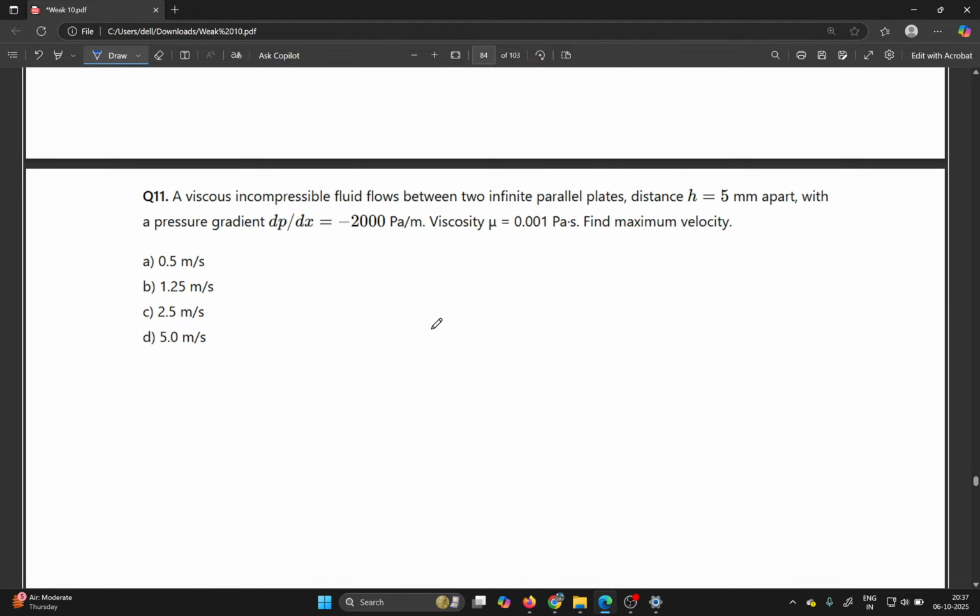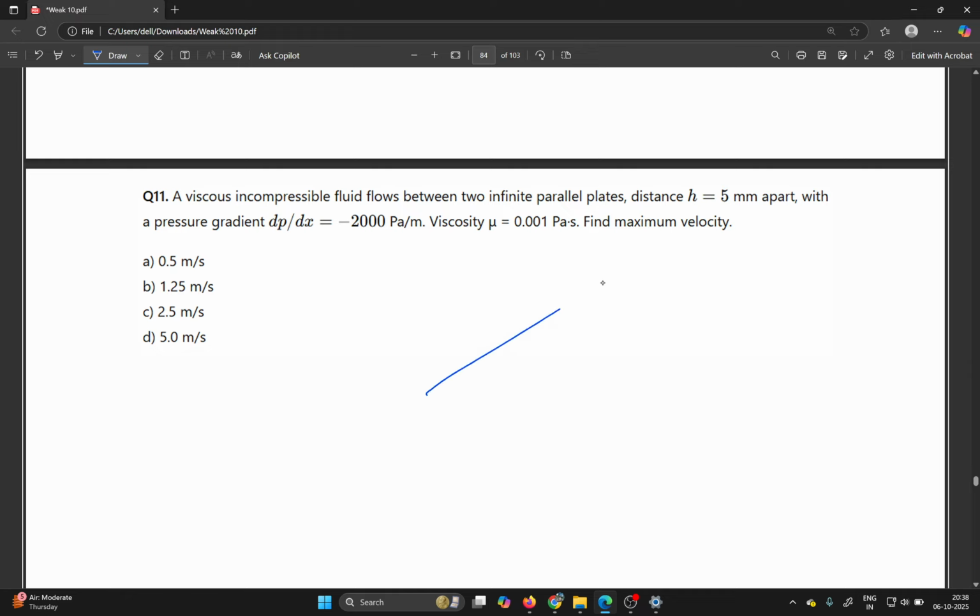Next, here I have a very simple numerical. A viscous incompressible fluid flows between two infinite parallel plates, distance h apart.